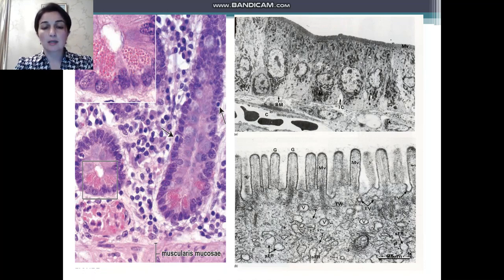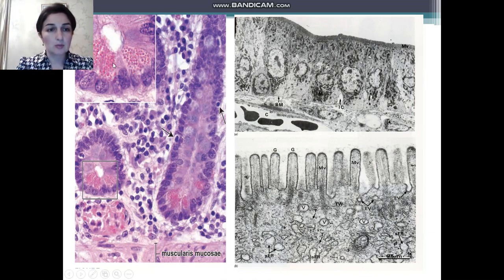They are cells which phagocytose the debris, the content of the intestine, and they phagocytose particulate matter, then convey them into the underlying connective tissue cells. Mainly, they will present them to the macrophages, which are antigen presenting cells. Then on the bottom of crypts we have Paneth cells.